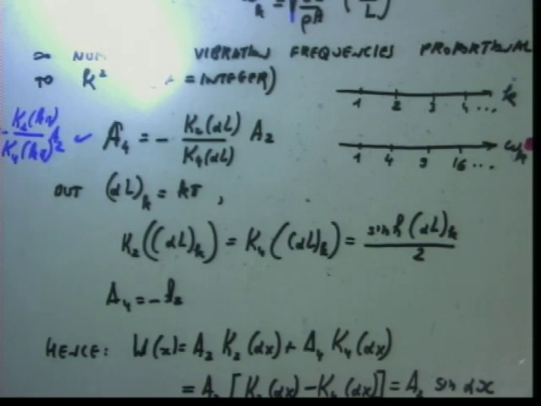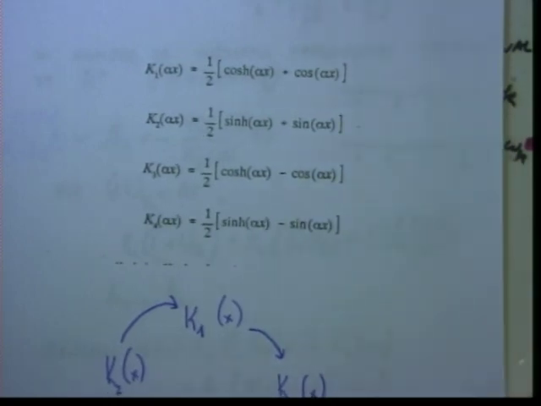K2 alpha L. So it turns out that K2 and K4 alpha L both equal hyperbolic sine divided by 2. Why? Because the sine function vanishes. Look, in K2 we have hyperbolic sine plus sine alpha x. The sine alpha, that is in K2, I have plus sine. In K4, I have minus sine.